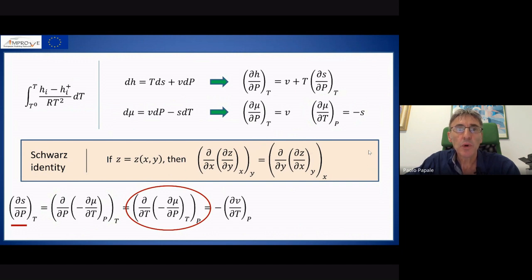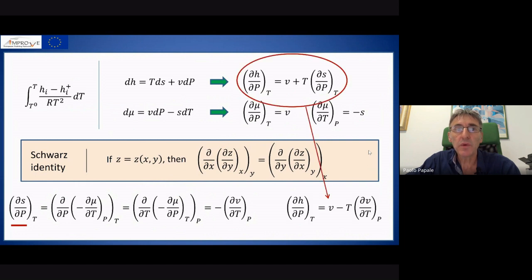That is, replace pressure with temperature and vice versa. The internal differential is equal to molar volume. Therefore, we finally find that the pressure partial differential of entropy is equal to minus the temperature differential of volume. By substituting, we can finally rewrite the pressure differential of enthalpy in terms of volume only.